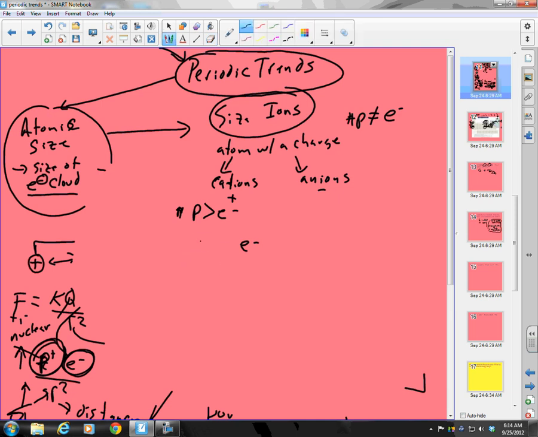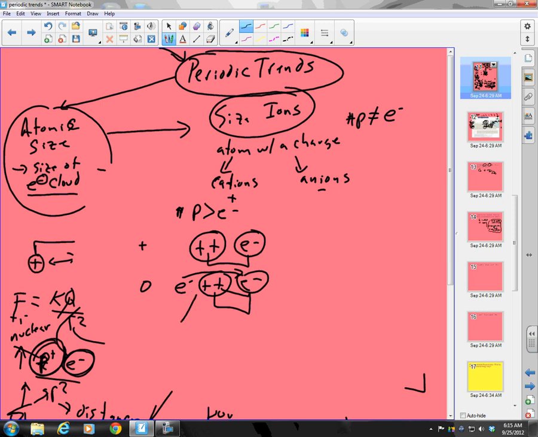In this case I have more protons, so this would be a +1. This is neutral. Which of these do you think is going to have a stronger pull on the electron? Here, I have two positives pulling on one electron. Here, I have two positives pulling on this electron, but this electron is pushing away from the first electron. So which of these is going to be the bigger one?